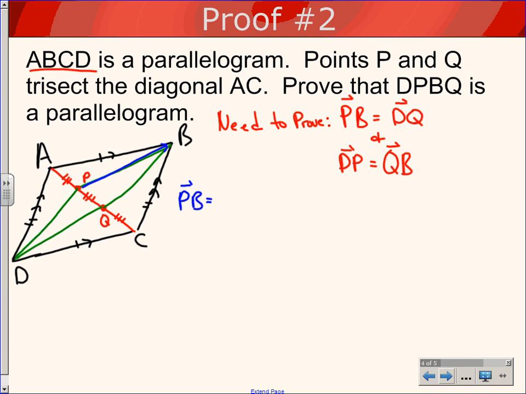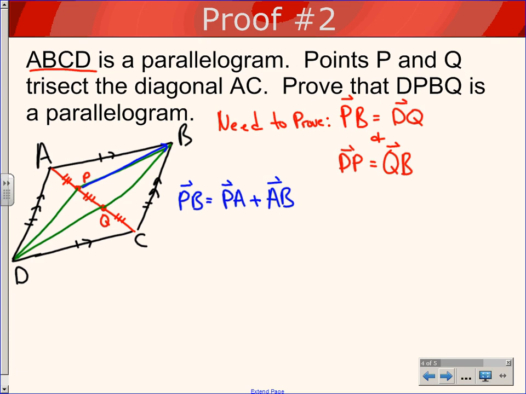In this case, I only want to change it into two vectors. I'm going to change it into vector PA plus AB. Okay, again, maybe not obvious, but it seems like kind of the simplest exchange we can make. It's a reasonable place to start, and then it turns out it'll work for us. So I've turned one vector into two.